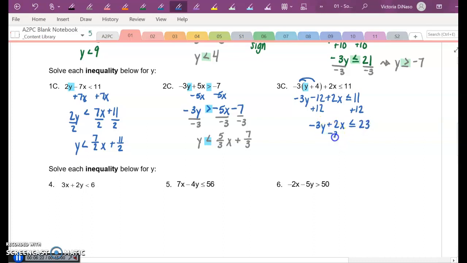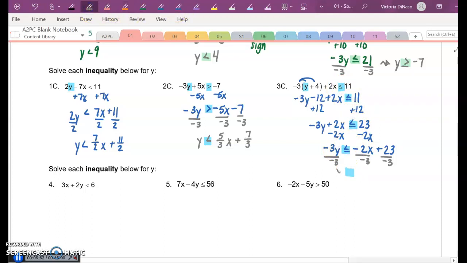From here, we can subtract the 2x. Subtraction does not change the direction of the inequality. So we have negative 3y is less than or equal to negative 2x plus 23. And then finally, I'm going to divide by the negative 3. When I divide by this negative 3, we are dividing everything on the other side by the negative 3, and now my inequality is going to flip. So we started with less than or equal to, and we're going to end with greater than or equal to.